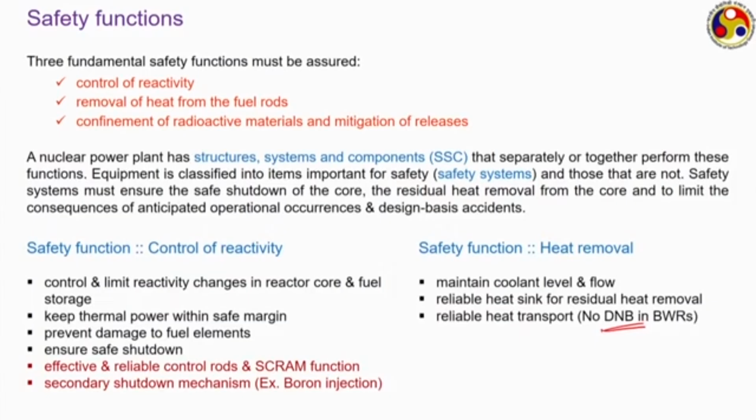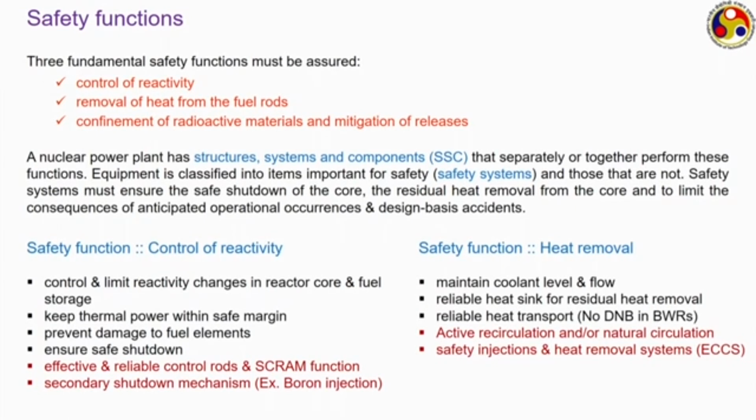The reactor must never go into DNB, that is departure from nucleate boiling or film boiling zone, which can lead, following the critical heat flux, to a substantial decrease in the heat transfer coefficient. So the heat transfer system must be reliable to ensure the absence of DNB in BWRs. These functions can be achieved by active recirculation and natural circulation, safety injections and heat removal systems.